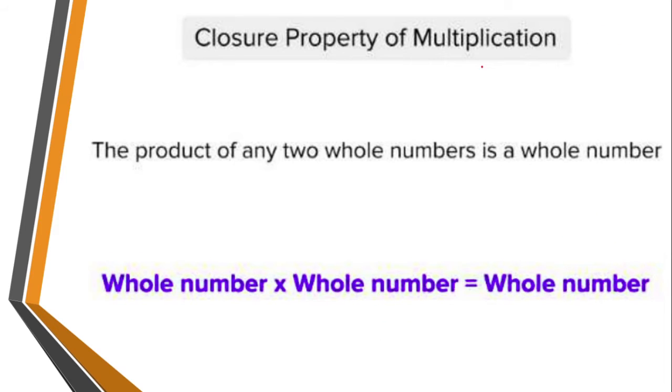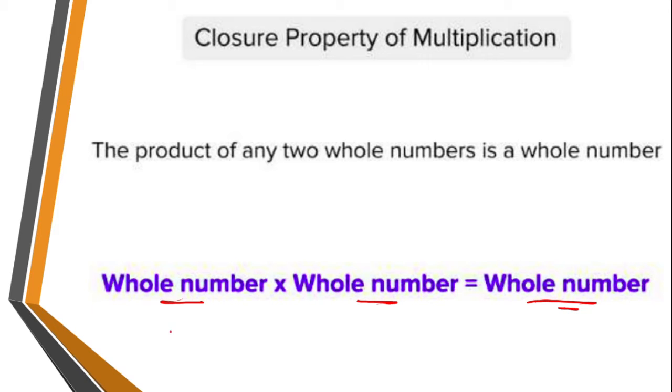Now we will see closure property of multiplication. Now, the product of any two whole numbers is a whole number. So if we multiply two whole numbers, here the operation is multiply. Now if we multiply two whole numbers, the answer will be a whole number. So let's take an example, right?